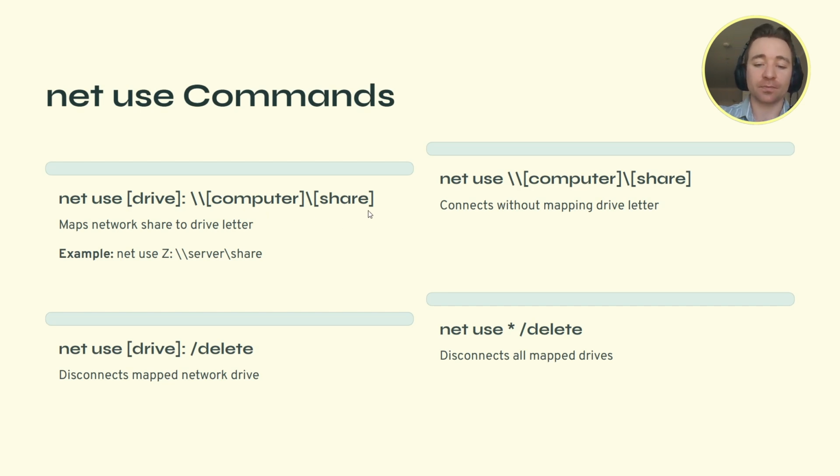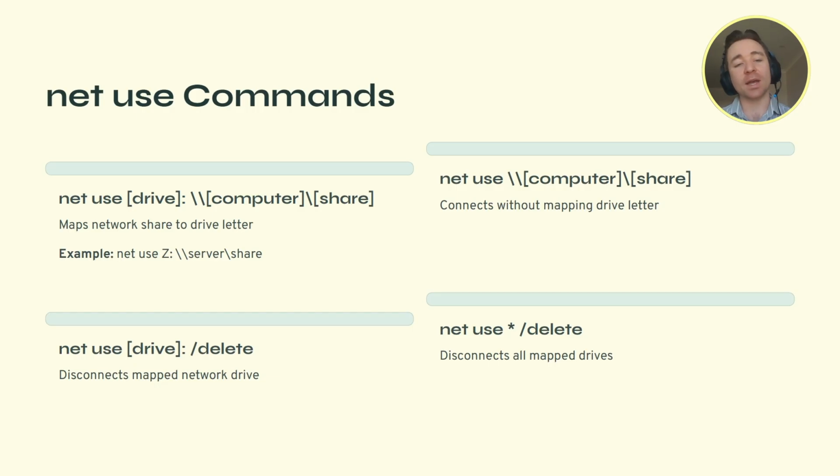All right. So long story short, netuse is going to be the command if you want to map a network drive to your computer, or you want to map a network share to a drive letter on your device. I'd say largely that's what you need to know. The chances of you needing to know any of these specifics are pretty low, I would say.